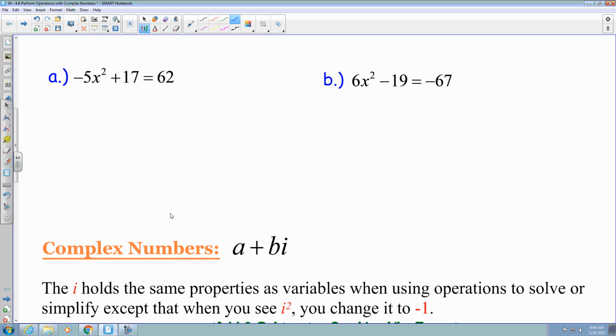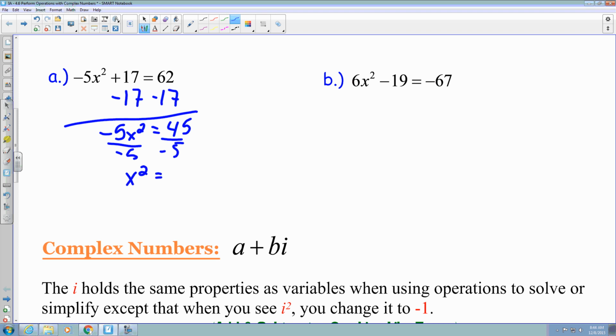The first example here is -5x squared plus 17 equals 62. The first thing I'm going to do is subtract 17 from both sides. Now I'm going to have -5x squared on the left-hand side, and I'm going to have 45 on the right-hand side. Divide everything by -5, which gives me x squared equals -9.